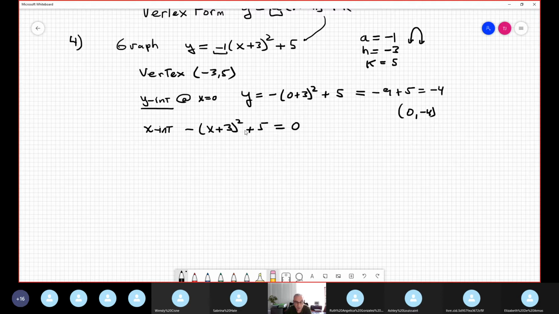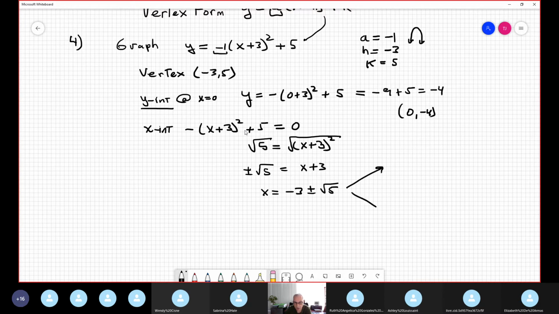So as you move, for example, if I stay here, you move (x plus 3) squared. To remove this square, you find the square root of both sides. Square root of both sides gives plus or minus the square root. Here is x plus 3. And therefore, solve for x. x is equal to -3 plus or minus radical 5.